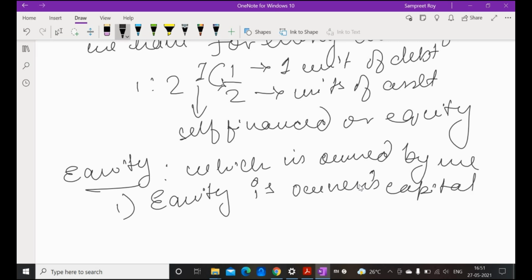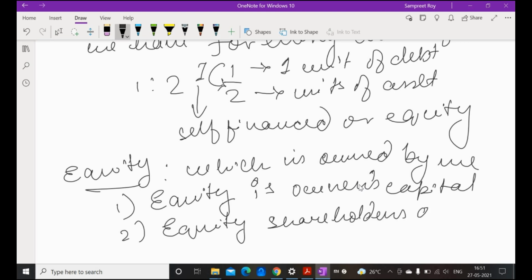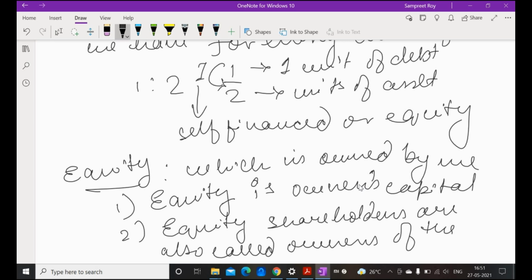That is why all the funds generated from equity are termed as the own fund of the company, and that is why the equity shareholders are also called owners of the company, right? I hope I am able to explain.